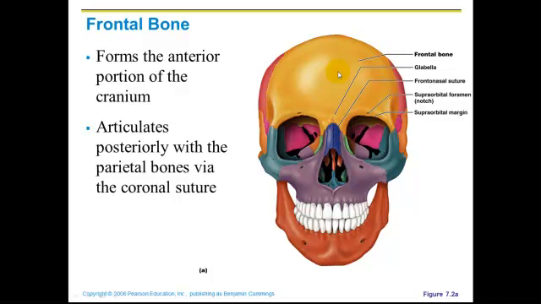In the anterior region, the frontal bone will articulate with the nasal bone at the frontonasal suture. This region here is the supraorbital margin, supra meaning above, orbital meaning the orbit of the eye, and a margin is a smooth edge of bone. Here we also see the supraorbital foramen, or the supraorbital notch, which is a small opening in the supraorbital margin.